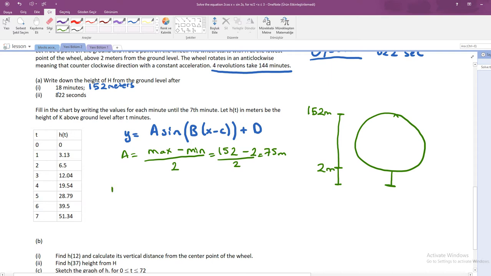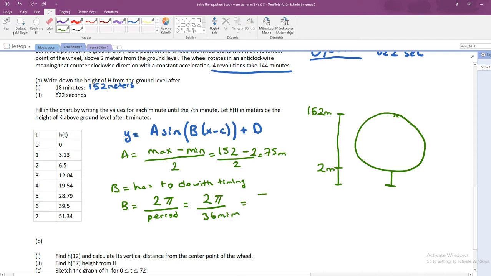And for B, it has to do with timing. So what do I mean by that? B equals 2 pi over the period for 1 revolution. In this example, we found that it was 36 minutes, if I'm not wrong, 36 minutes, okay?